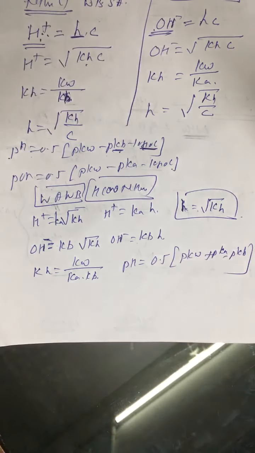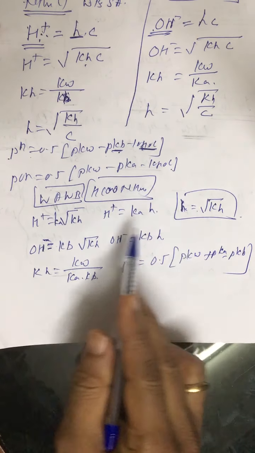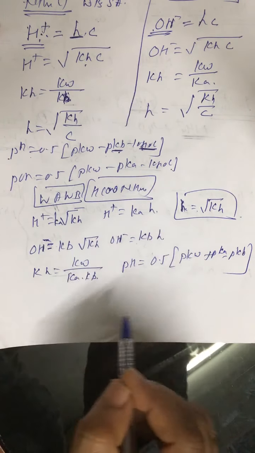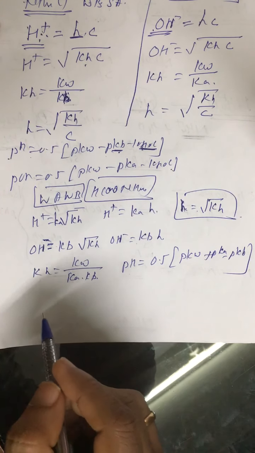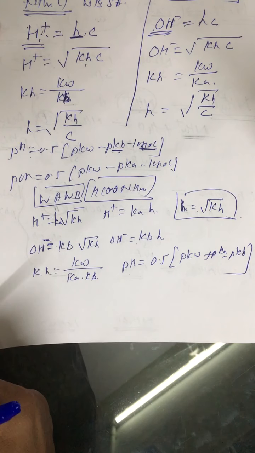Alright, means the pH of weak acid and weak base salt does not depend on concentration. You will not find concentration term here. Alright, so this is important. Plus one more point is there.